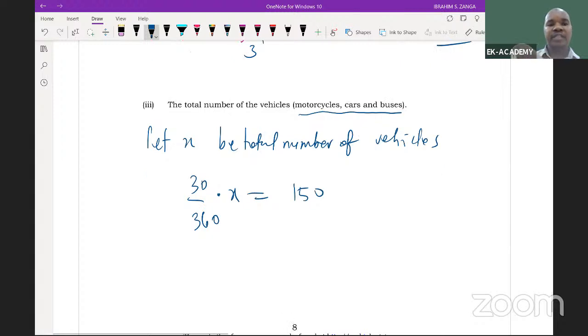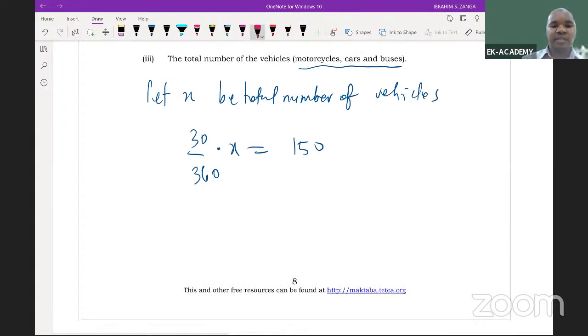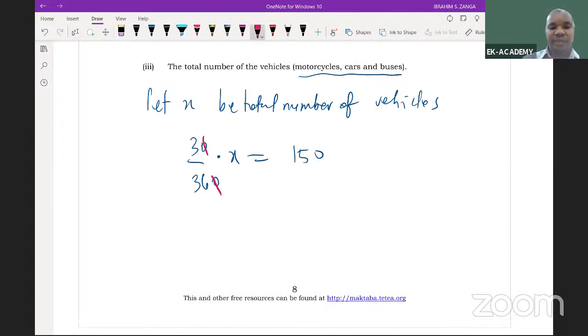Let us go to simplification. The zeros go. By 3 here, 1, by 3 here, it is 12. So XC will be 12 times 150.